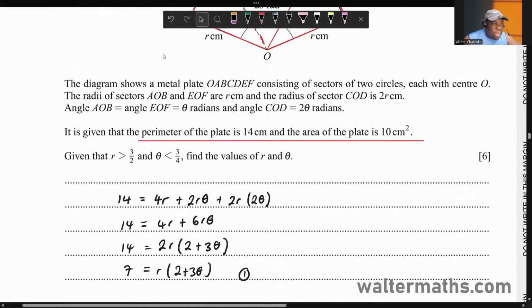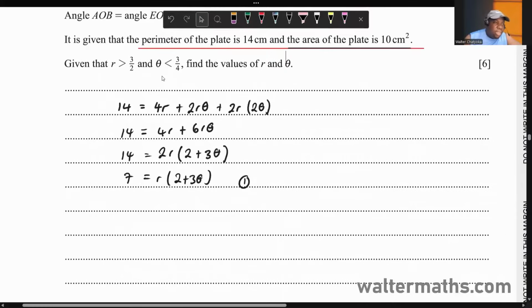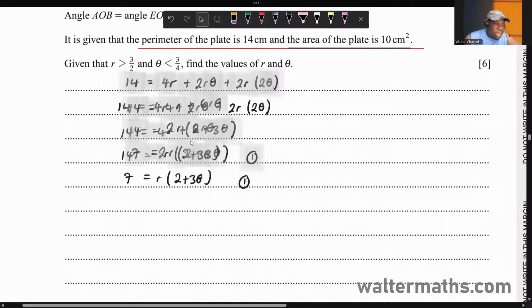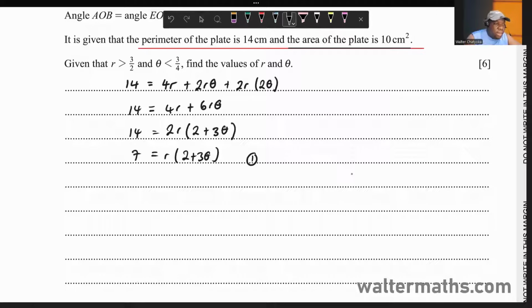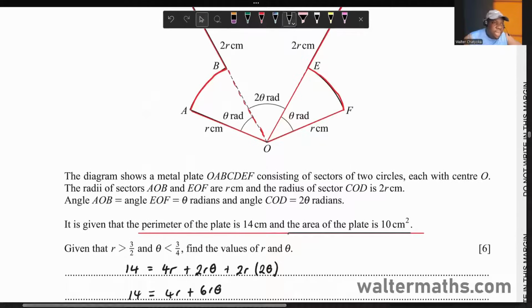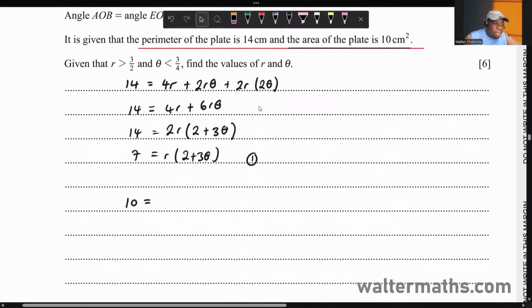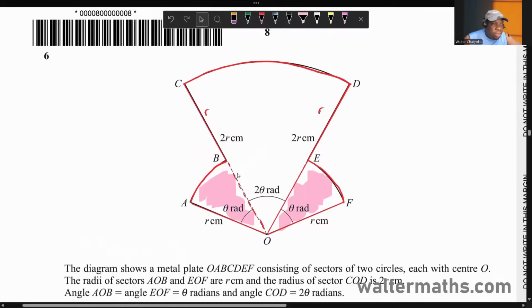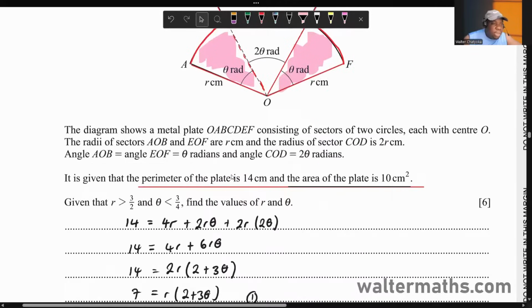And let's now consider the fact that the area of the plate is 10 square centimeters. When it comes to area, we have the areas of these two sectors, which we find by half r squared theta. So we have 2 times half r squared theta, plus the bigger one, which is half of 2r squared of 2 theta.